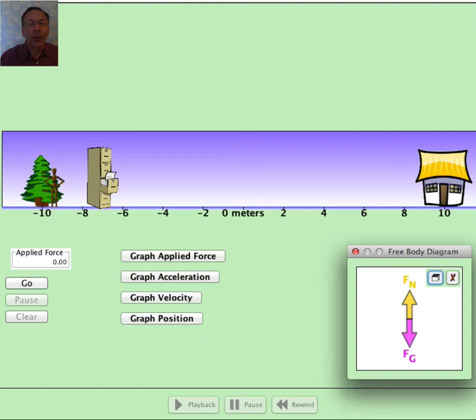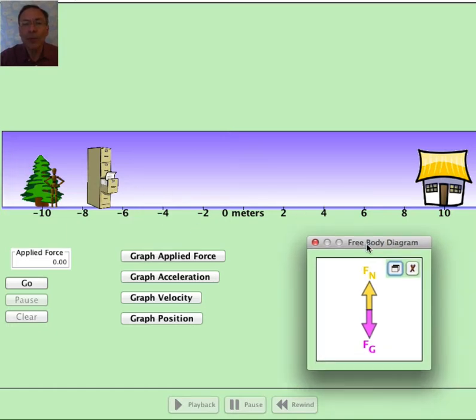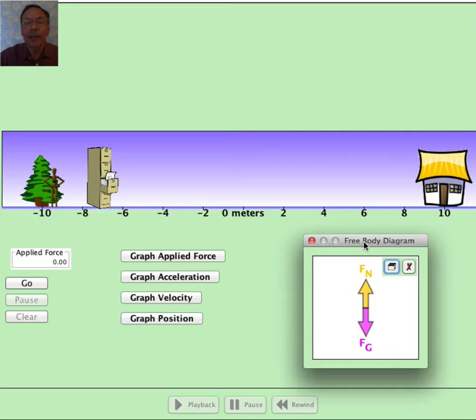Okay. So I've got the PhET simulation started here, and what we have is the ground. We've got this little guy who's going to be pushing on a heavy file cabinet, and we have a free body diagram that shows the forces on the file cabinet.